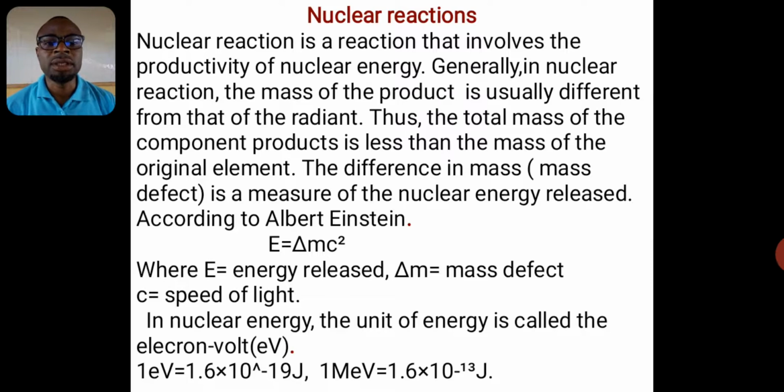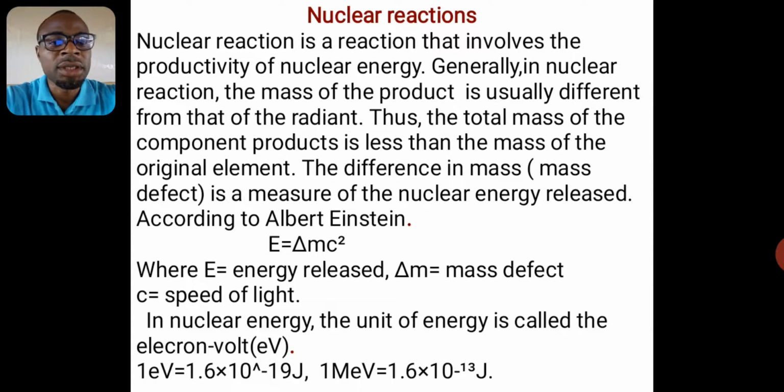According to the physicist Albert Einstein, we have an equation for that, which is E = Δmc², where E is the energy released, Δm is the mass defect, while c is the speed of light, which we already know the value of, and that is 3 × 10^8 meters per second.